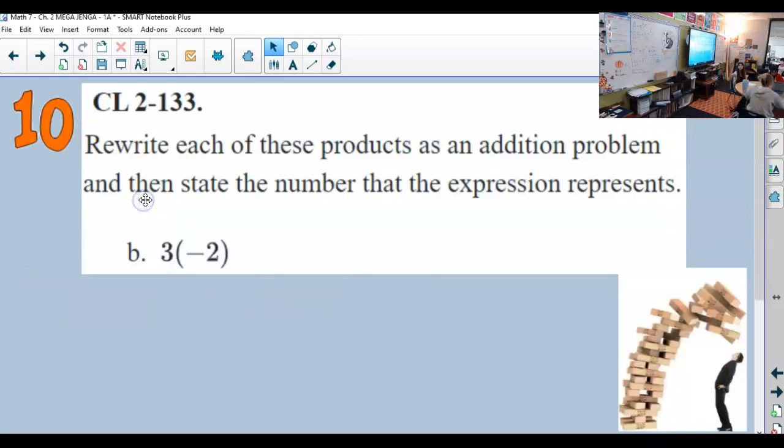10. So on your paper, that is 2, 133, only part B. Rewrite as addition. What is this multiplication actually telling us? Remember, we will get as much of your homework done as we can.